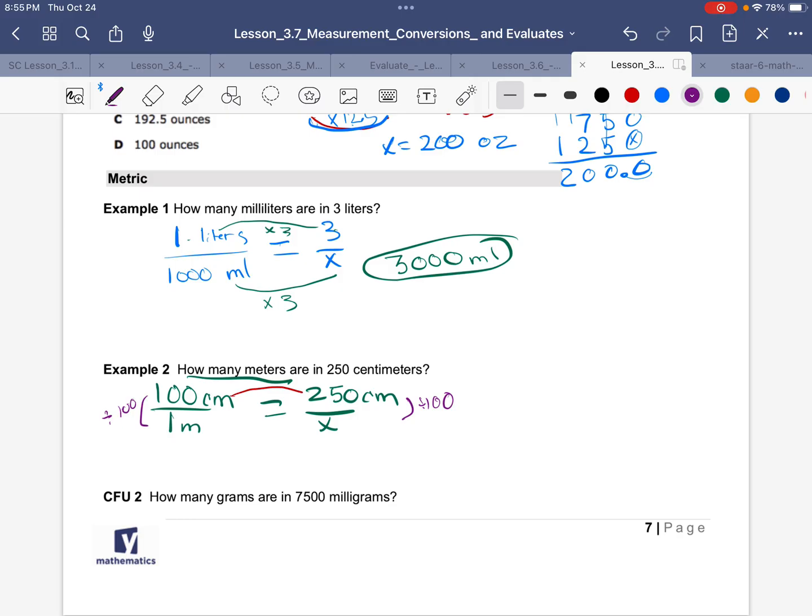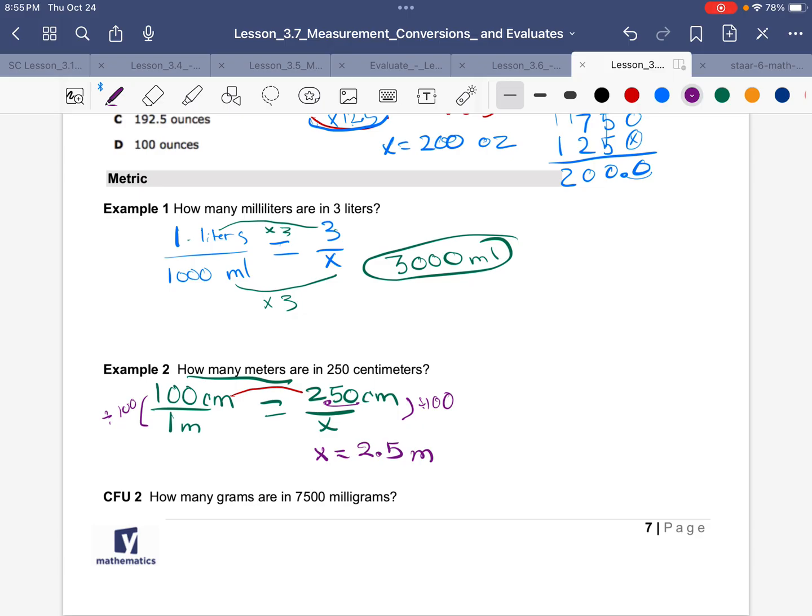If you do 250 divided by 100, remember, you're literally moving the decimal 2 times, and that is what your number would be. So X would be 2.5 meters.